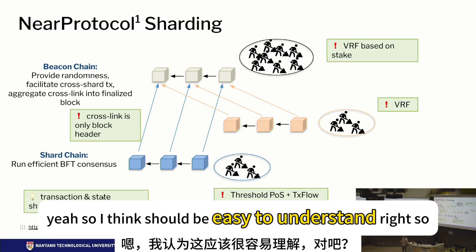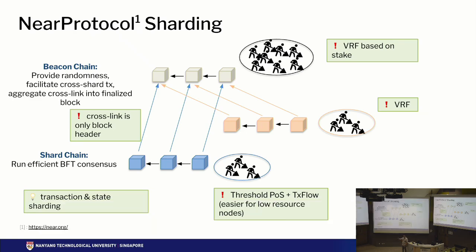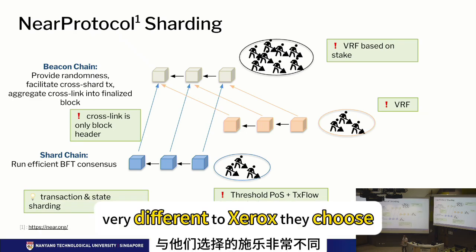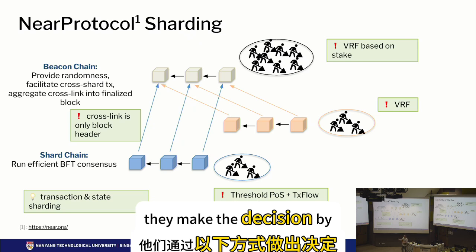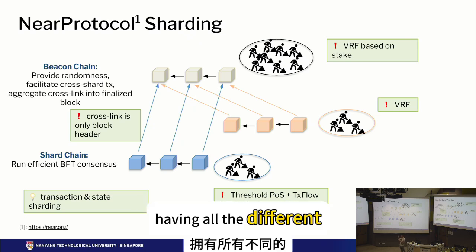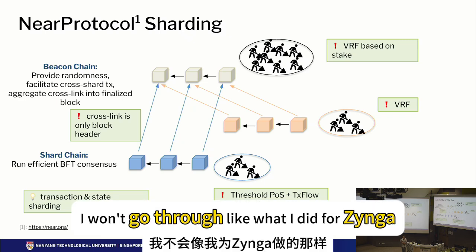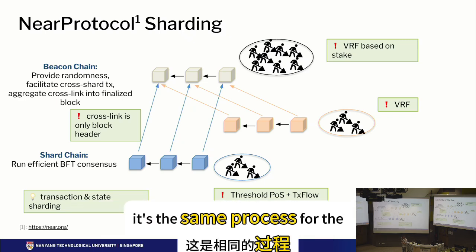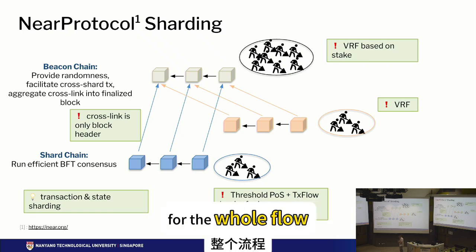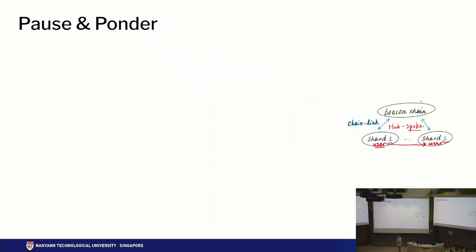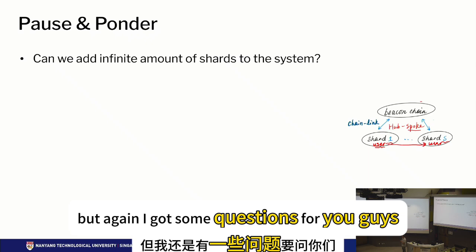Yeah, so I think it should be easy to understand, right? Very different to Zilliqa, they make the decision by having different algorithms in different places. I won't go through it like what I did for Zilliqa. It's the same process for the whole flow. But again, I got some questions for you guys.